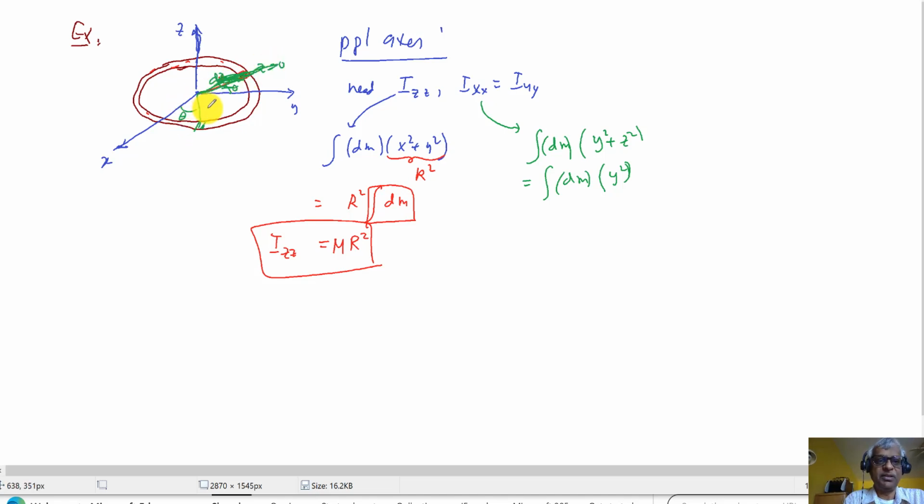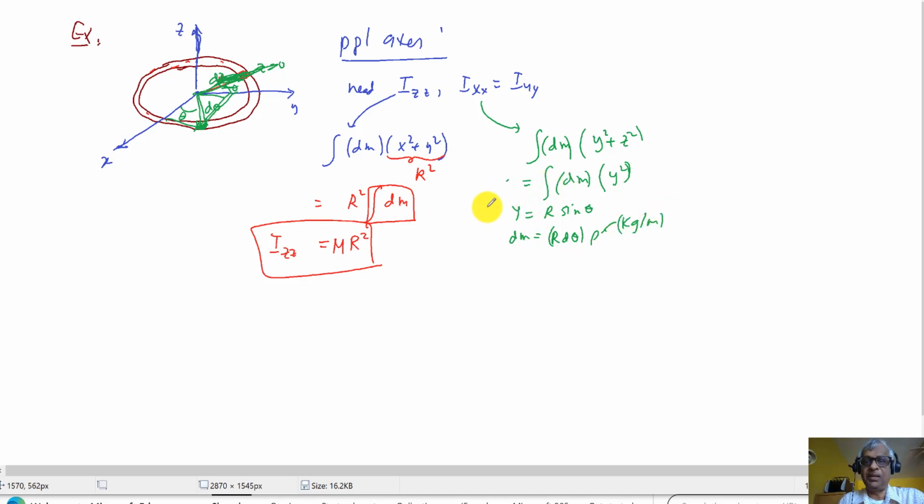Let's call this d theta, and so y will be this guy, which is r sine theta. So y equals r sine theta, and dm is the arc length r d theta times rho, where rho is kilogram per meter.